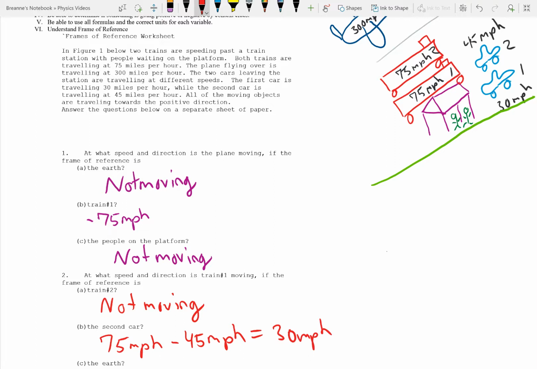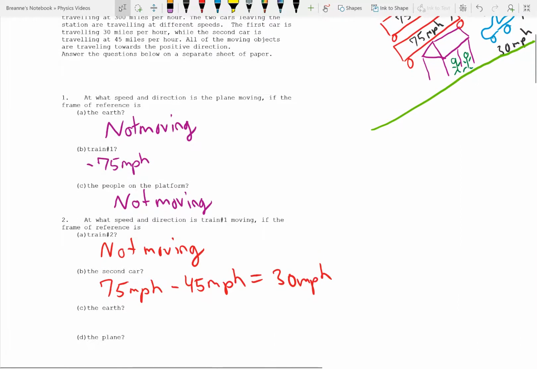So the train's only moving 30 miles per hour faster than the car, so it only seems like the train is moving at 30 miles per hour. And to the Earth, well, again, the Earth's not moving, so it seems like it's moving at 75 miles per hour, again in the positive direction. All this because they're all moving in the positive direction.